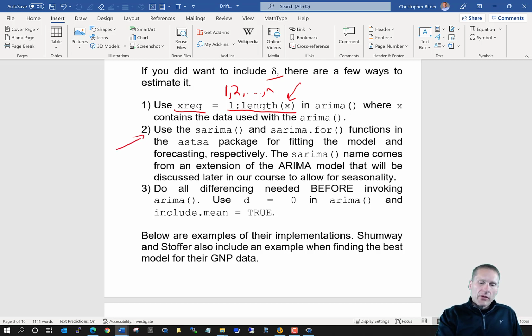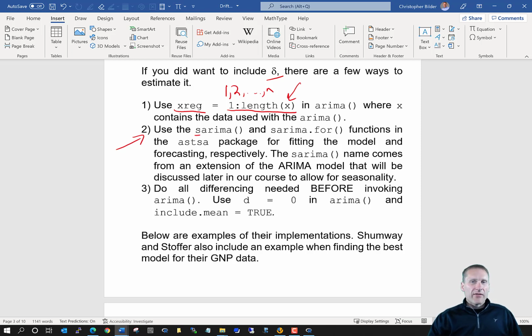Now another way to estimate this random drift term is to use some functions from the astsa package. This is a package that was written specifically for the Shumway and Stoffer book. If one used the sarima function in that package, where S stands for seasonal, one can specify a particular argument in the function to actually estimate that drift term.